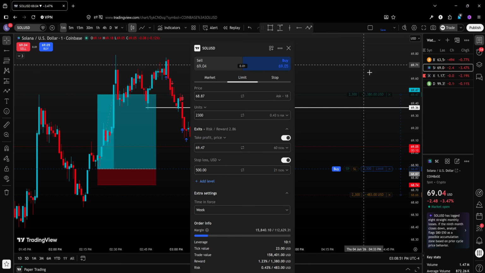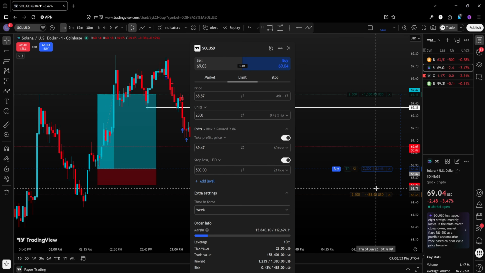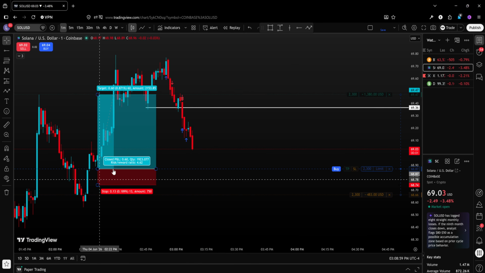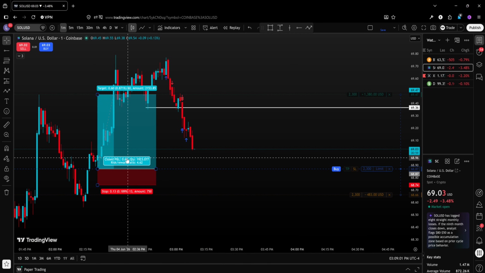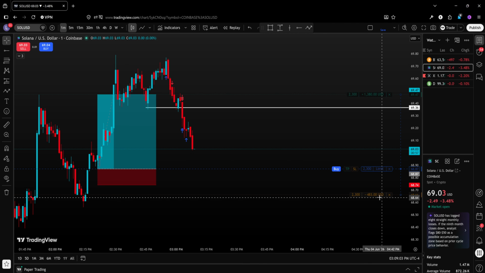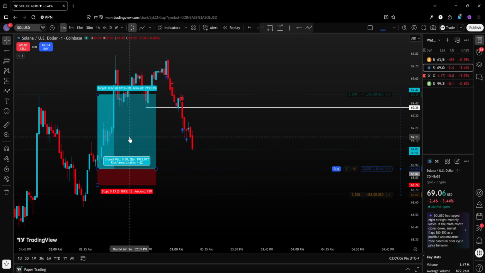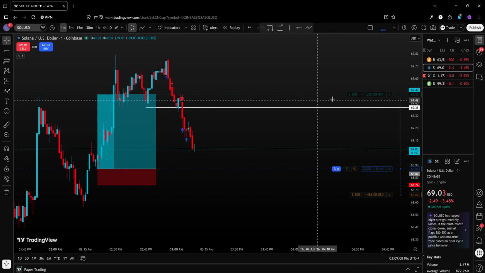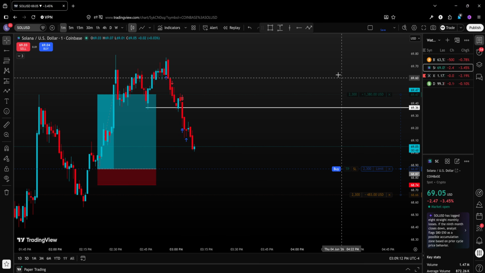So you would be risking $483 to make $1,380, which would be a 4.62 risk to reward. Boom. That's risk to reward.